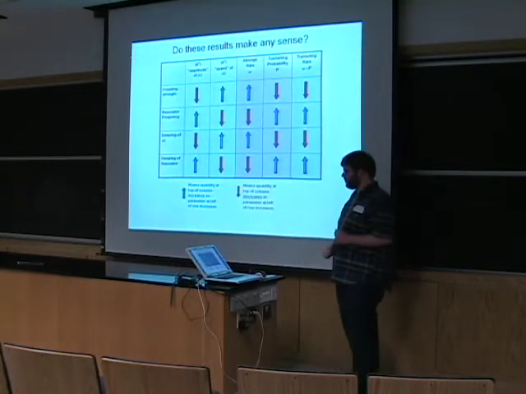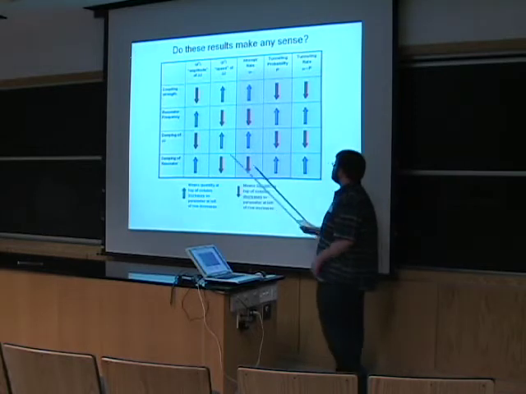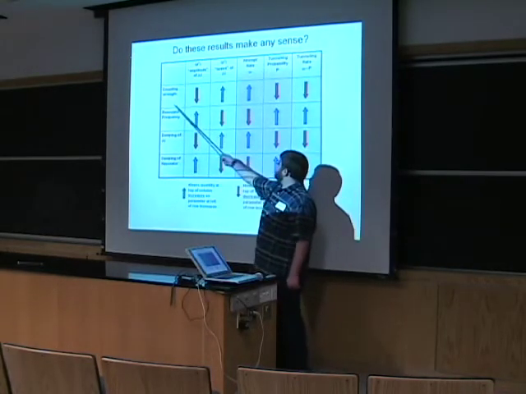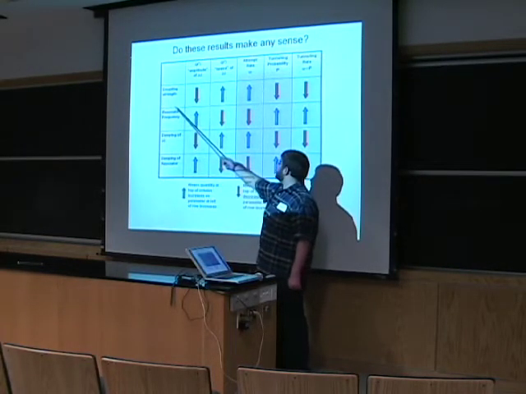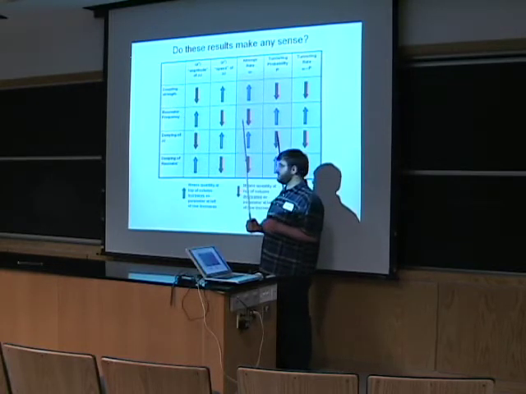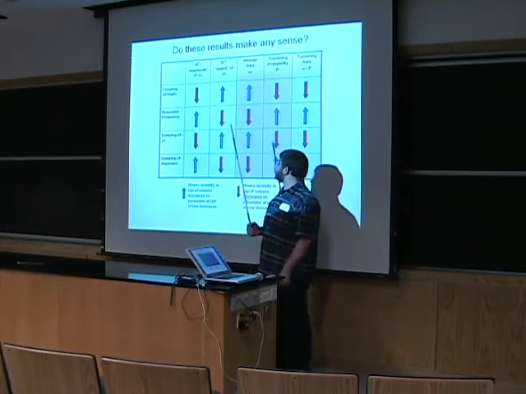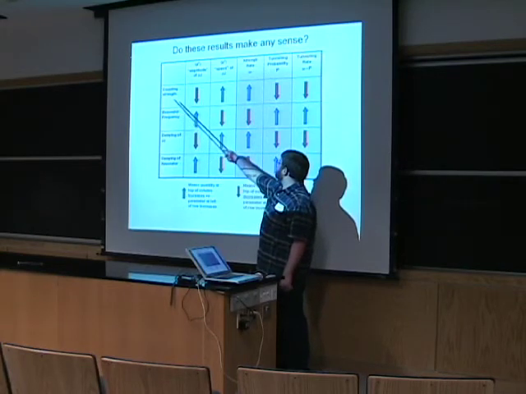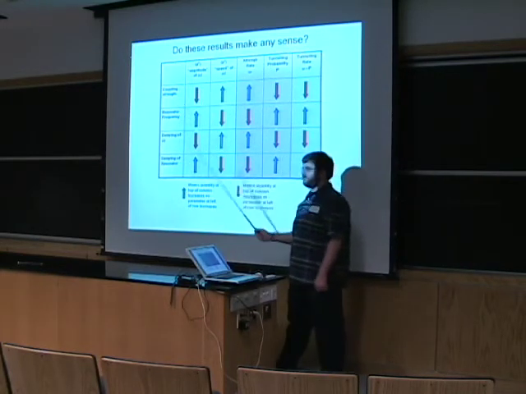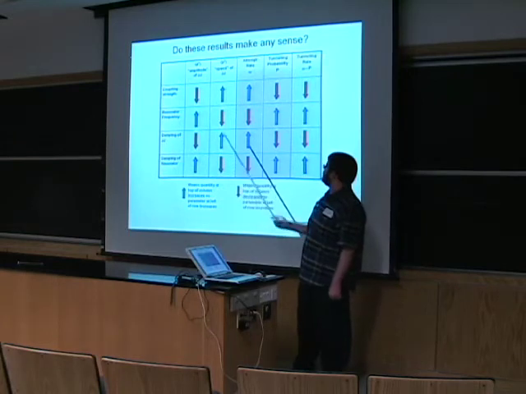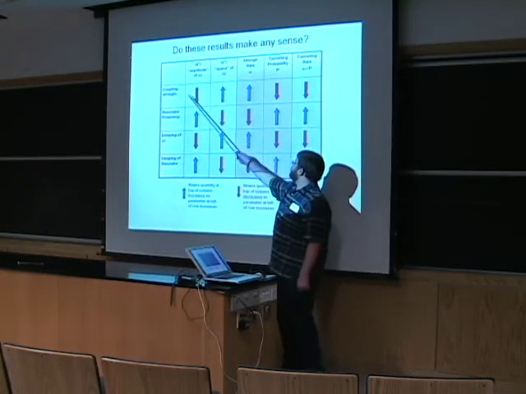So to understand if these results make any physical sense, if you increase the coupling strength between the junction and the resonator, you can think of it as increasing the stiffness of the spring connecting the two blocks. So you would expect that the amplitude of the oscillations of the Josephson junction block would decrease, which is what this red arrow means.